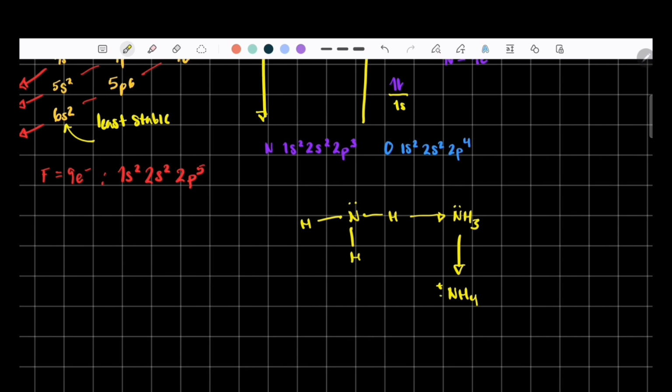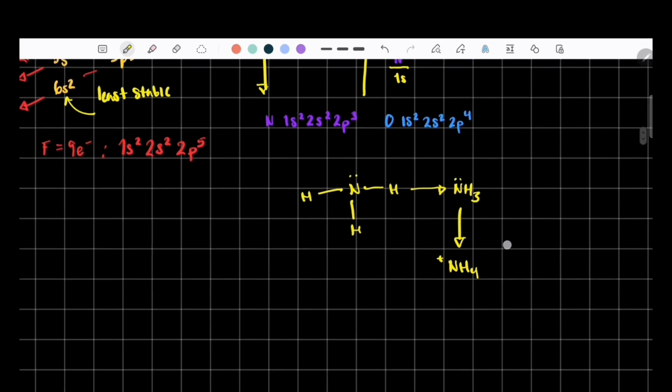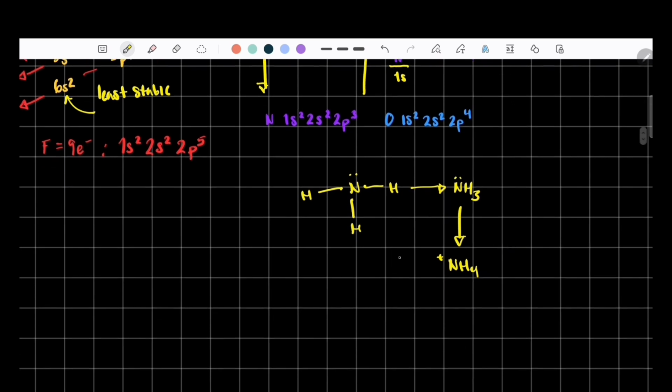Now it has 1 electron extra. It doesn't like that. It would rather not have that. So it's going to want to shed. It'll just easily shed. This is why this is a base. It will easily shed this extra hydrogen to get back to its most stable form again.